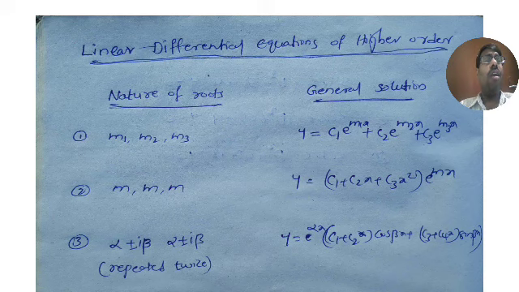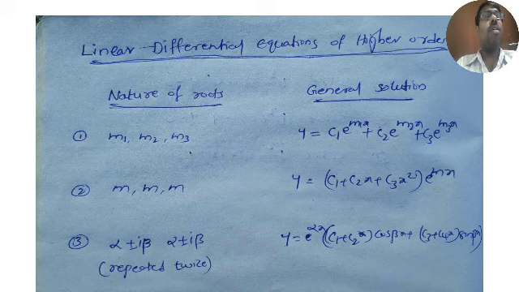Shall we go to the problems, as we are now going to solve problems? So similar type, but here the order is more than 2, higher order. We are trying to solve higher order. So whatever may be the order, what we need here is the roots.